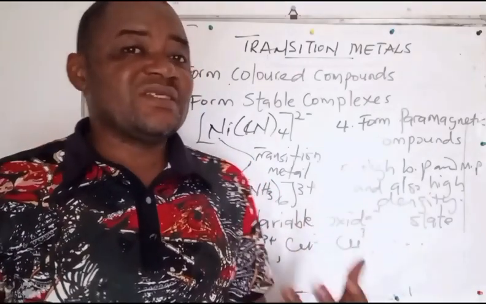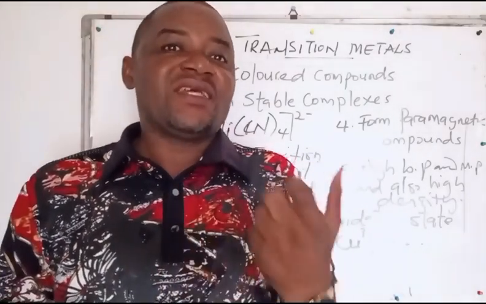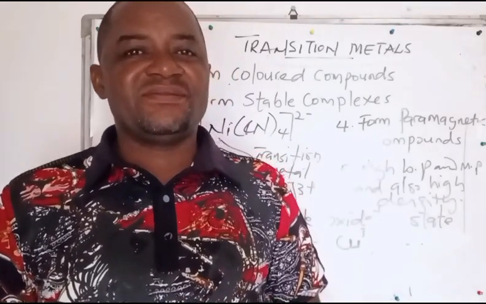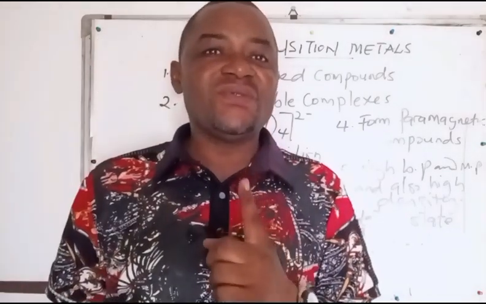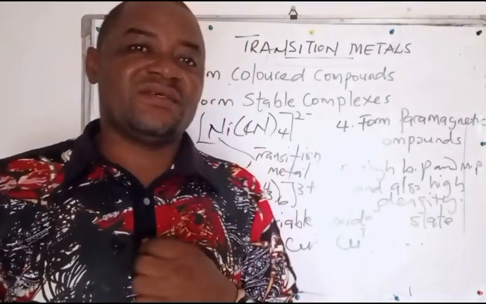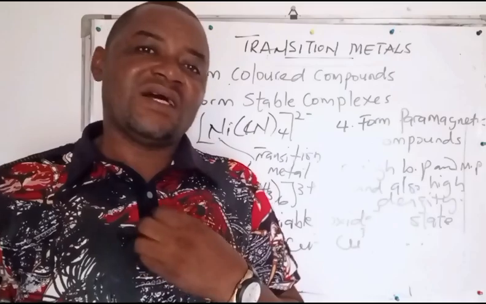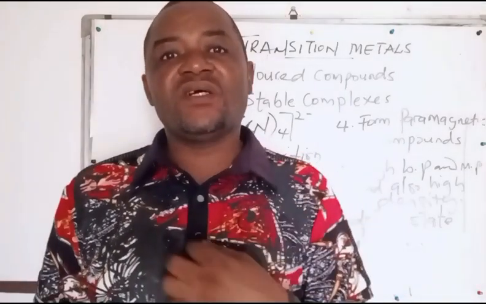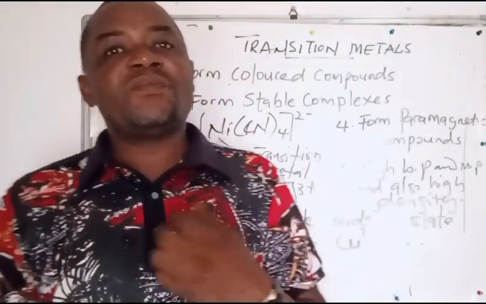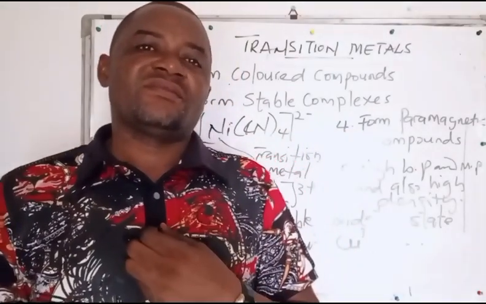There are other properties of these metals that you will need to go and take a look at after this class. But it's very important for us to know today that transition metals belong to the d block. And this is because they have a d subshell that has incompletely filled electrons.